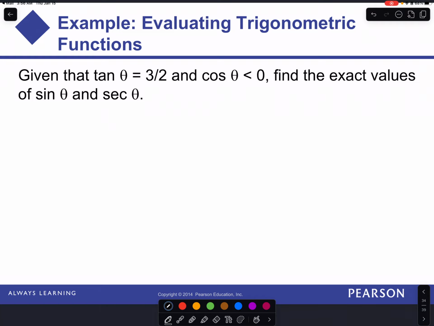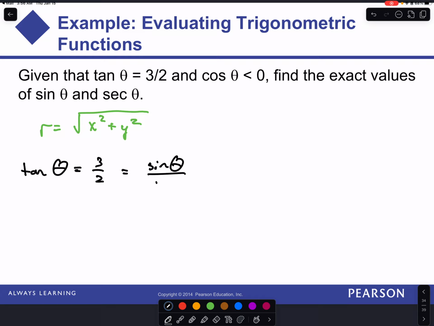I'm tempted to use r equals the square root of x squared plus y squared. We're given tan of theta is 3 over 2. That's our sine of theta over cosine of theta, so that's our y over x.